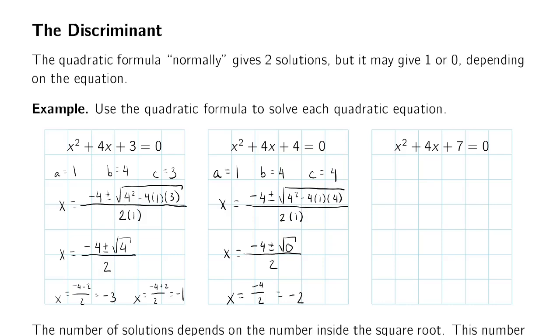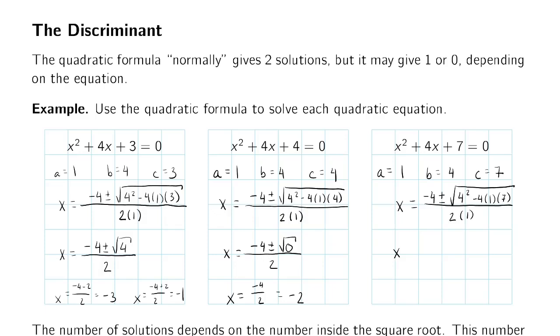This last equation is going to turn out to have no solution. So again, in the quadratic formula, we'll have a equals 1, b equals 4, and now c equals 7. The quadratic formula says our solutions are x equals negative 4 plus or minus the square root of 4 squared minus 4 times 1 times 7, all over 2 times 1.